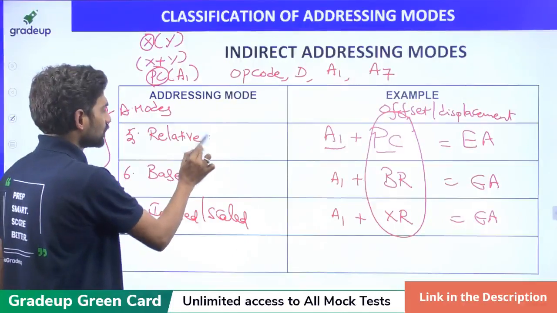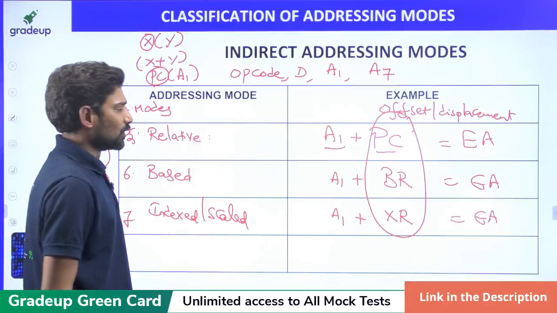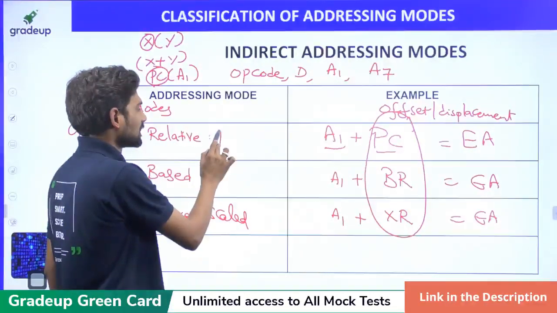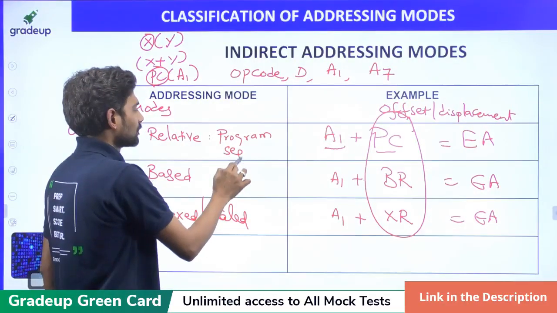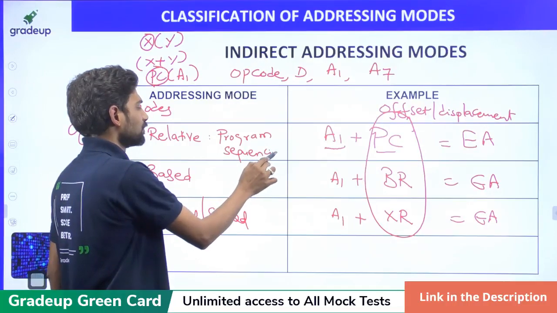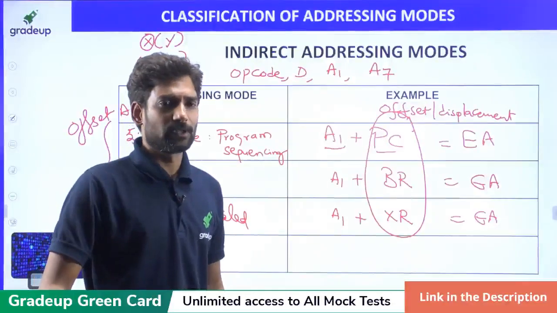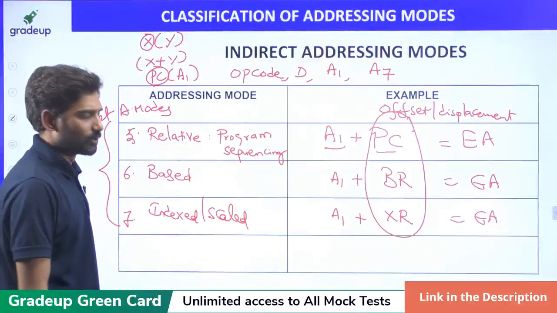And you can make a note: relative addressing mode in real time is useful for program sequencing, that means what to execute next, what to execute next. That sequencing of the program is because of relative addressing mode.